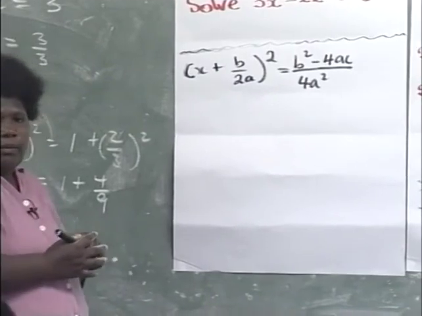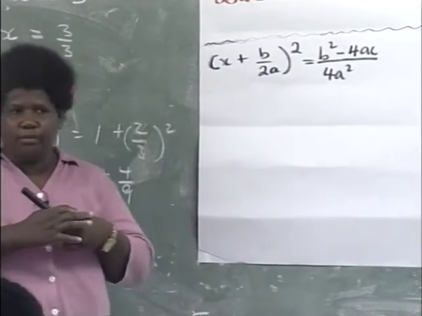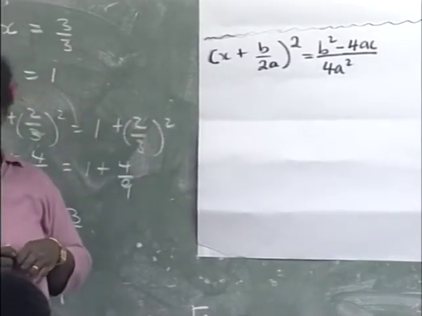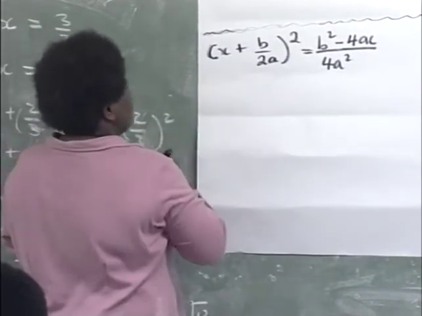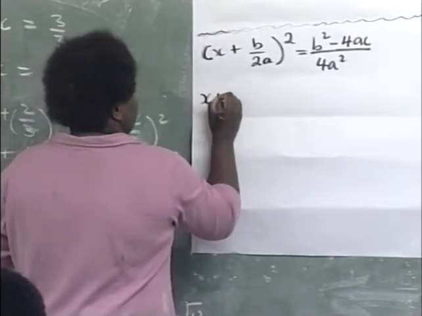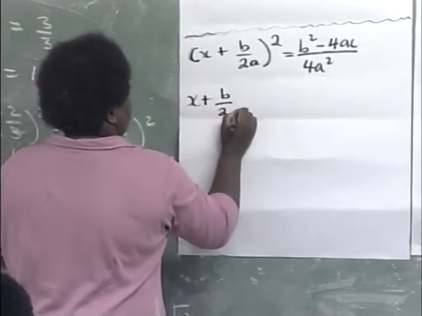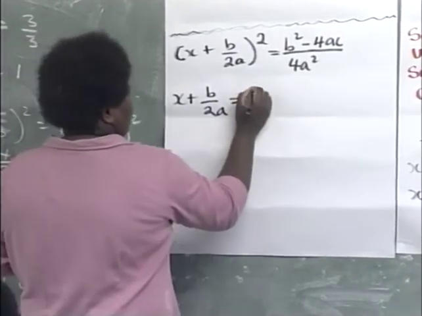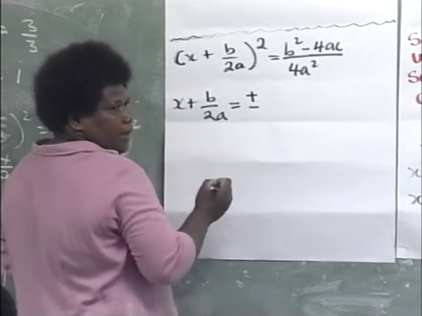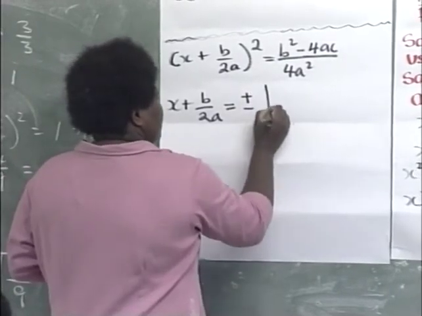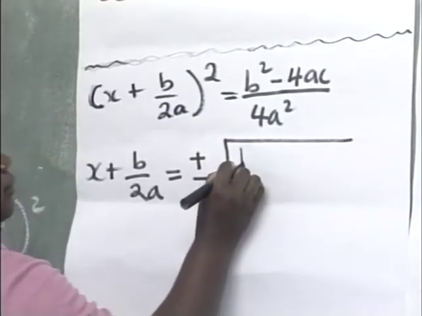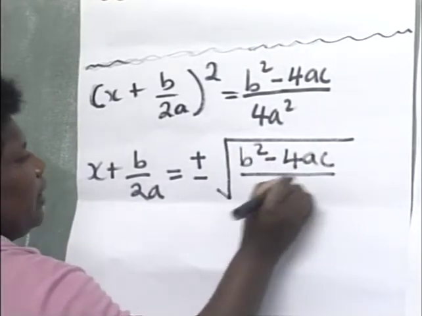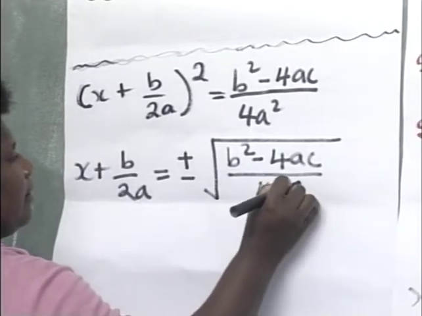Okay. What is the next step then? I have to find the square root of both sides. The square root of this side is x plus b over 2a. Good, you are following. The square root of the other side is plus or minus the square root of b squared minus 4ac over 4a squared.